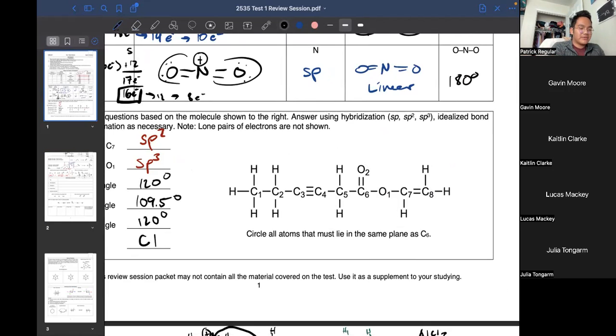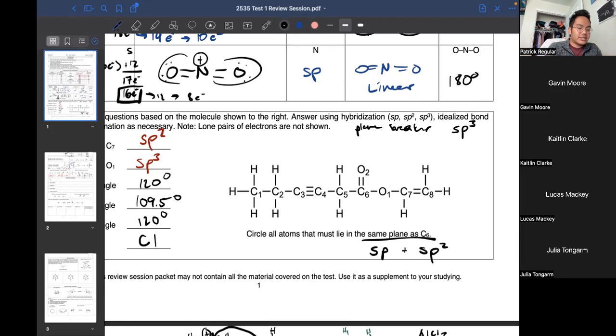The magic numbers you're looking for in the same plane are sp and sp2, because sp and sp2 are all planar. sp is linear, so it is planar, and sp2 is trigonal planar, so it's all in the same plane. The plane breaker is sp3, because sp3 is tetrahedral and it'll bend things.